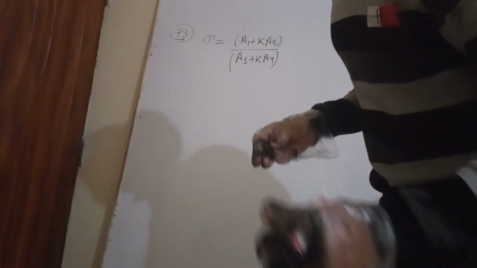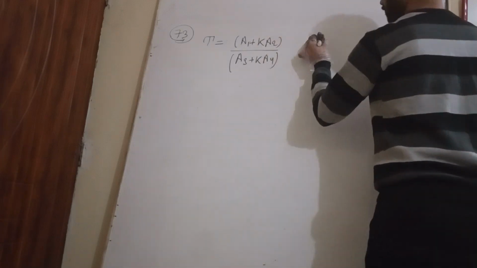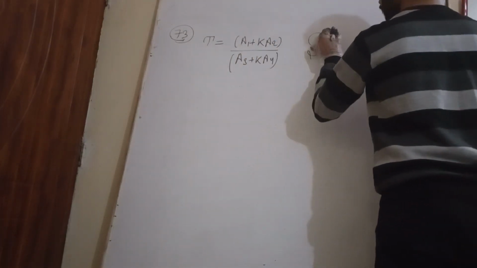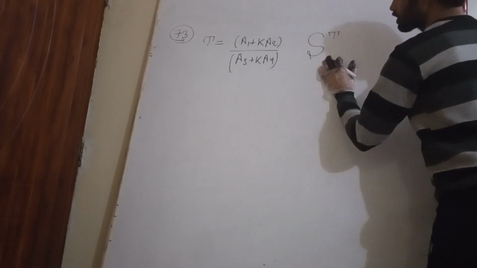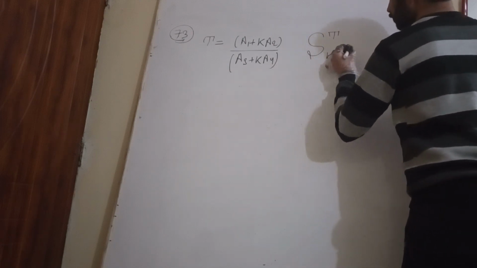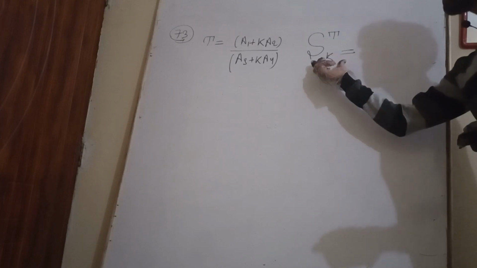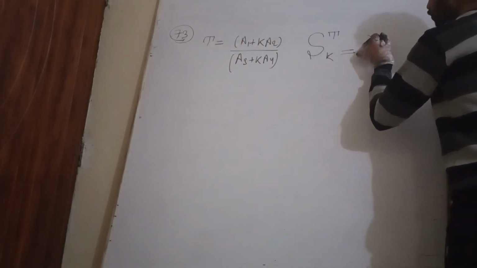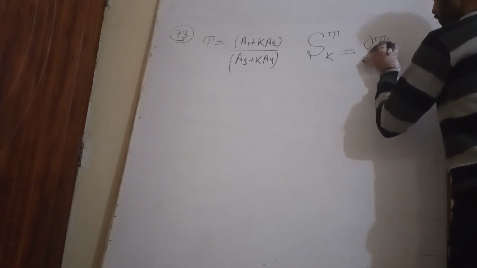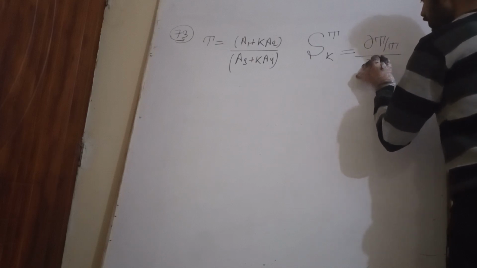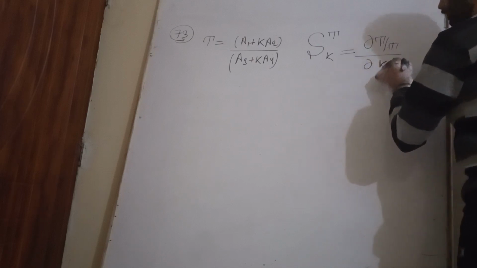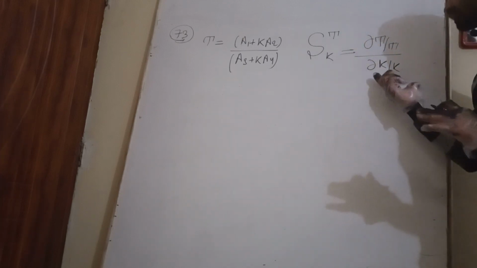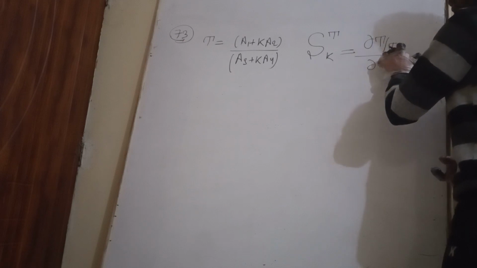Sensitivity of transfer function with respect to k is nothing but (dou T by T) divided by (dou k by k). So this is my sensitivity, the rate of change of transfer function.